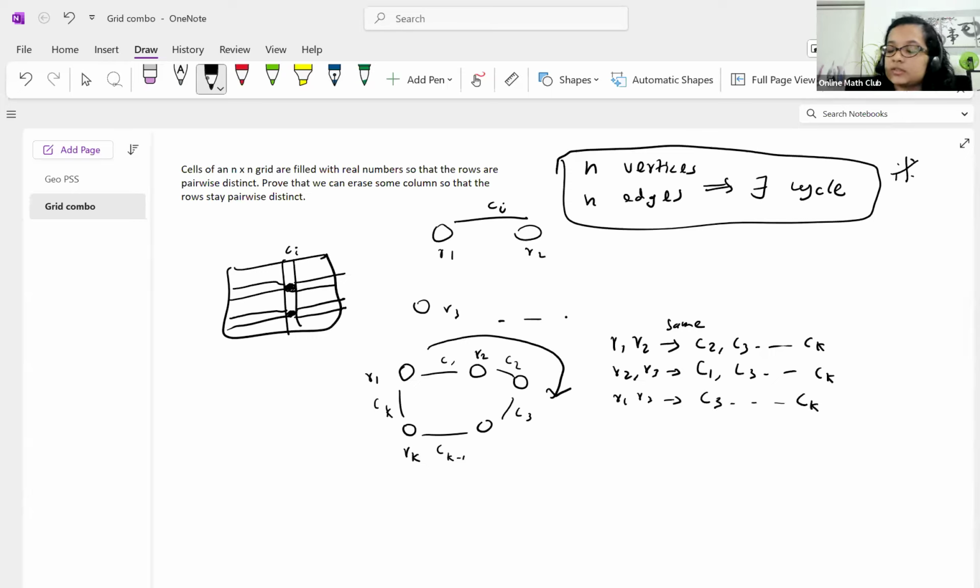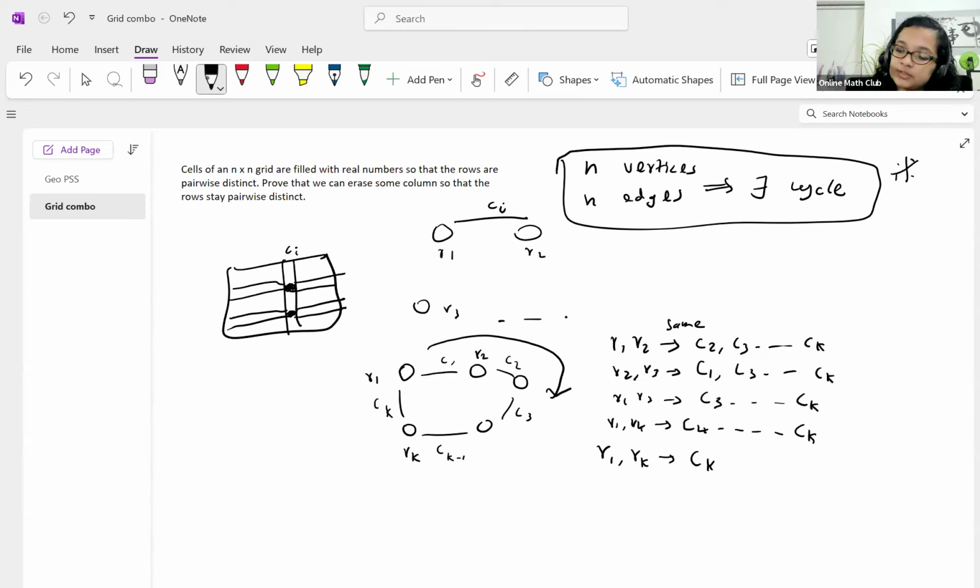Right? And now you can do the same thing. R3 and R4, you know, they're the same in everything except C3. So that means that R1 and R4 are the same in everything from C4 onwards. And you can induct in this way. So finally, what you get is that R1 and RK are the same in exactly CK.